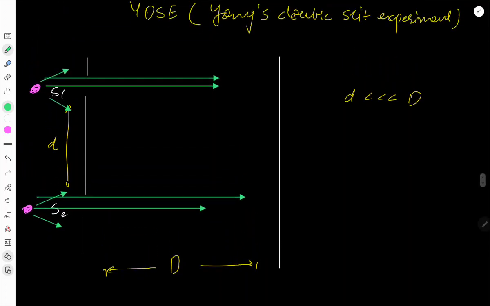And so there would be two bright spots formed on our screen, like this. I am denoting these as the bright spots.